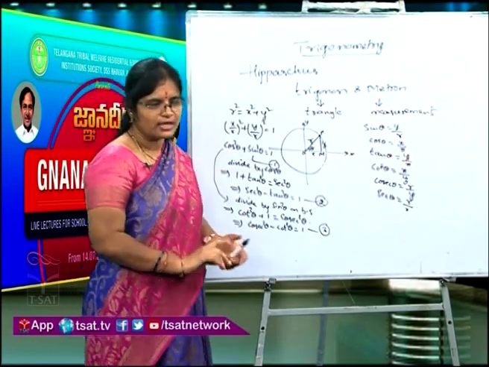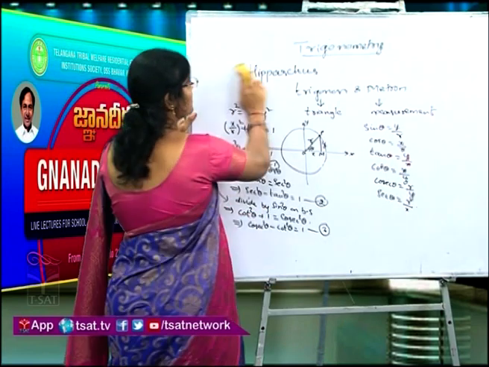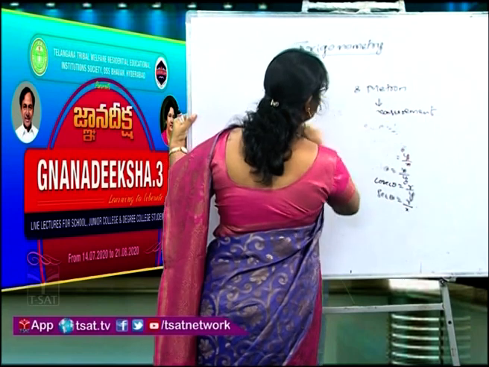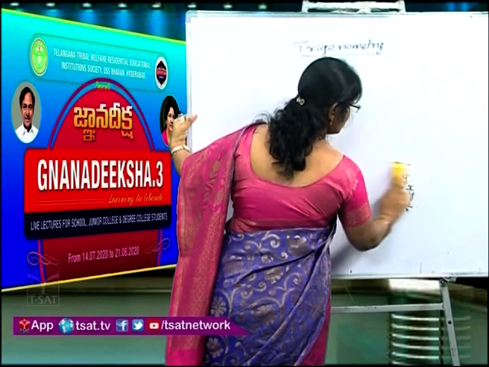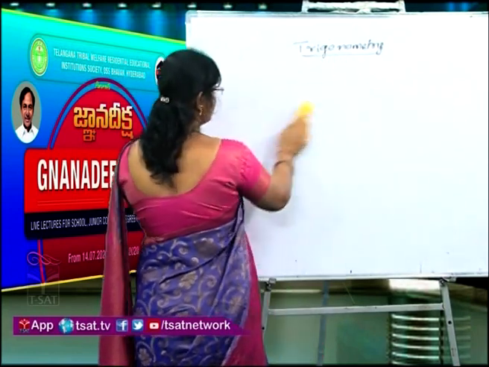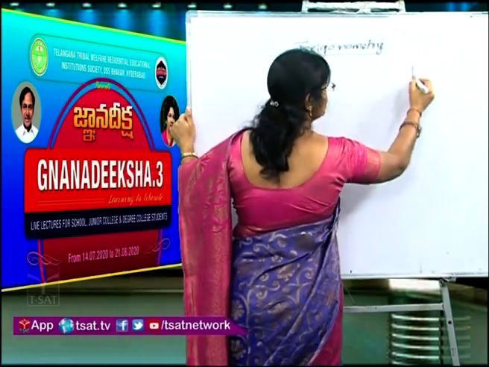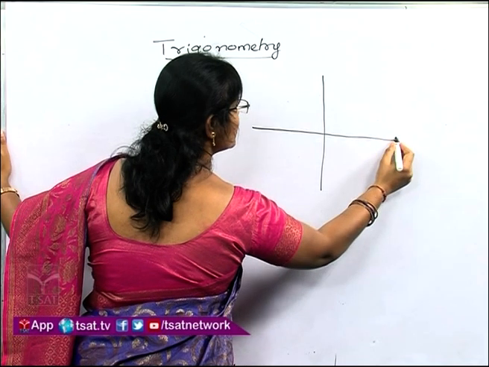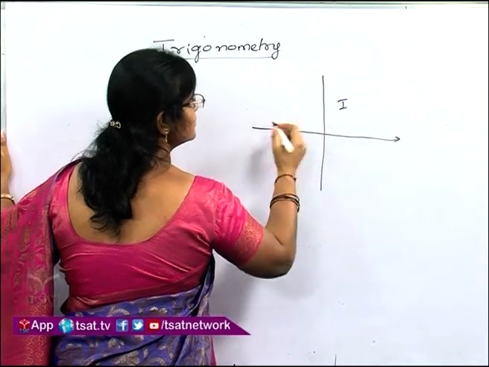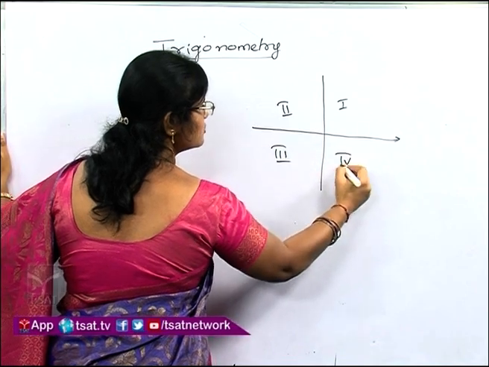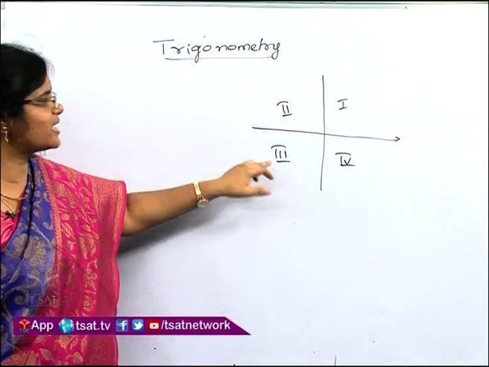Okay children, now let us move to quadrants. How do trigonometric ratios vary in different quadrants? Now let us see that. We know that the coordinate axes divide the plane into 4 quadrants, that is first, second, third, fourth quadrants.